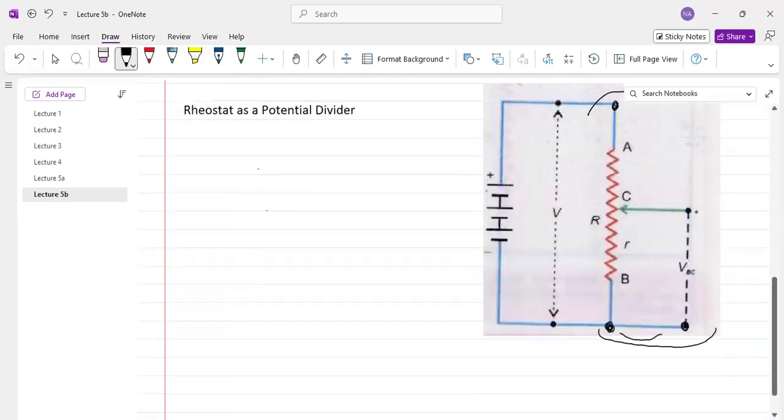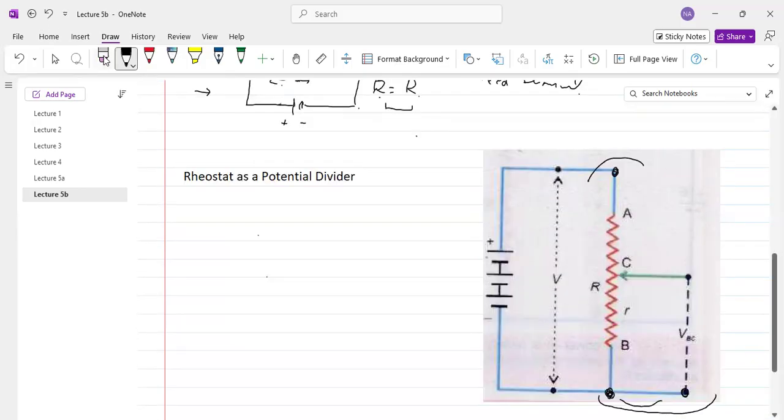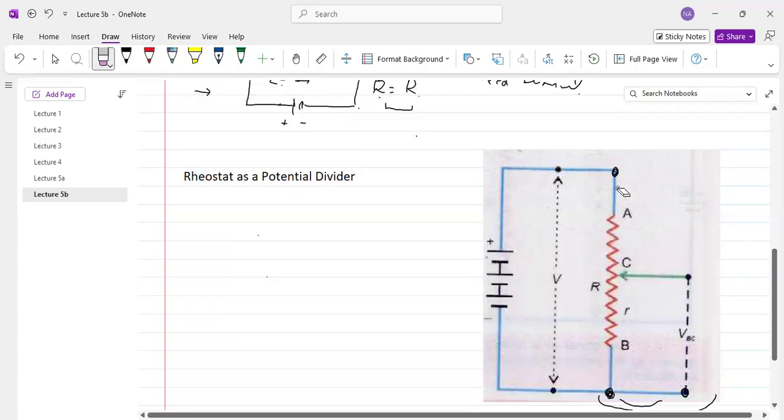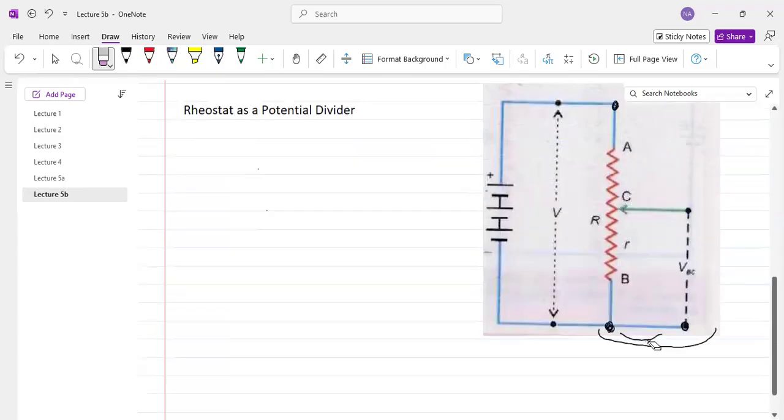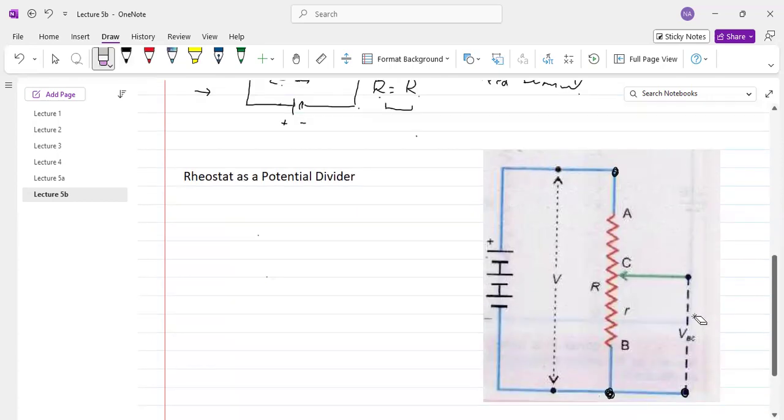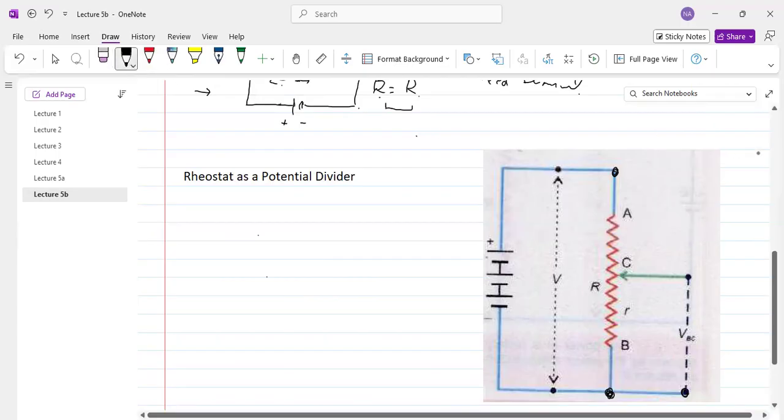This is also an electrical circuit, and we see that the rheostat is shown to be present in a circuit. How can the rheostat be shown as present inside the circuit? So that is the first thing you should keep in mind during the calculation or during the drawing of a circuit.